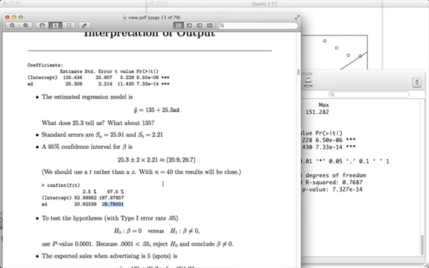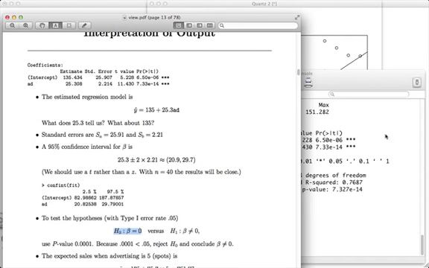If advertising had a slope of 0, that would mean a change in advertising would produce 0 change in sales on the average. Whenever the null hypothesis that beta is 0 is true, that variable doesn't have a linear relationship with sales, and usually that means we can just ignore it because it's not telling us anything.